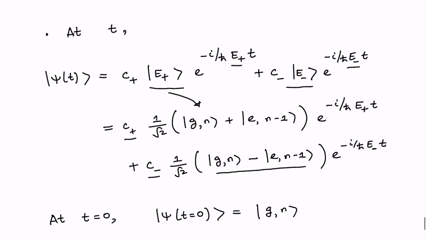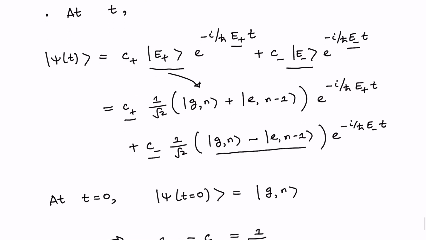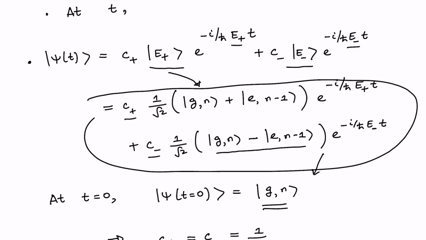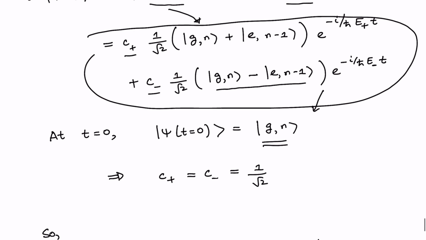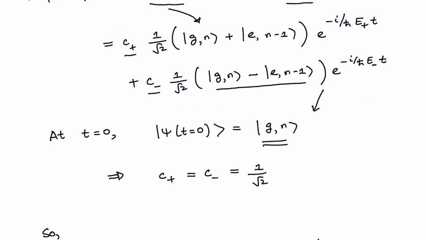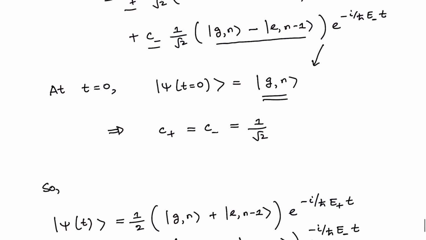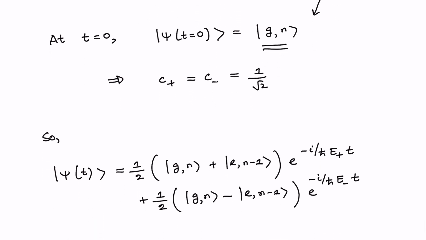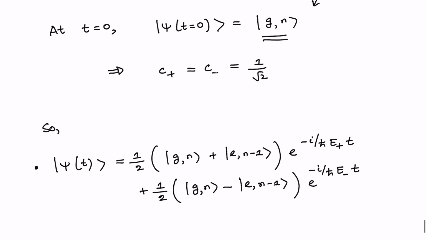Now at time t equal to 0, this state |ψ(t)> should give us |G,n>, and you can recover this |G,n> from this expression here if you take C+ and C- to be equal to 1 by root 2, and you can easily verify that.